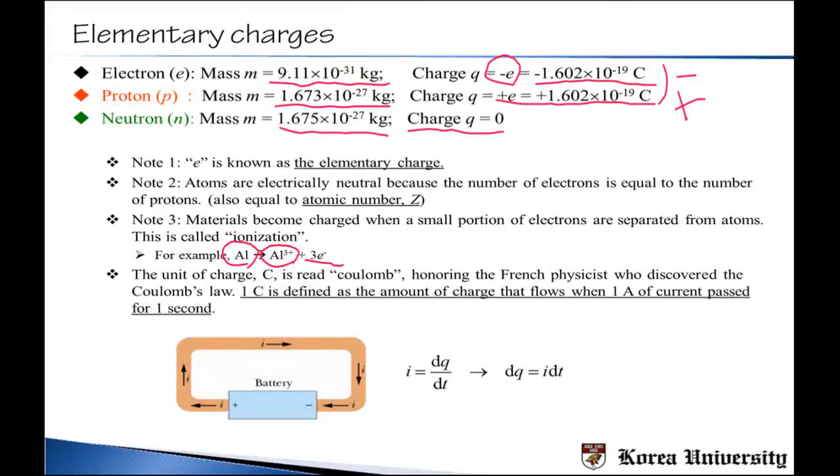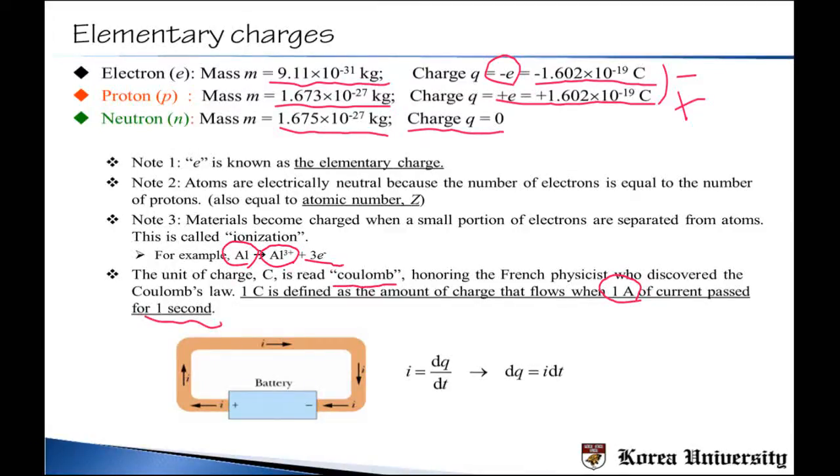And then the unit of charge C, which we have already seen, is read coulomb. This word coulomb comes from the name of a French physicist who discovered Coulomb's law, which we'll soon see in some of the next slides. And how large is 1 coulomb? 1 coulomb is defined as the amount of charge that flows when 1 ampere of current passes for 1 second.